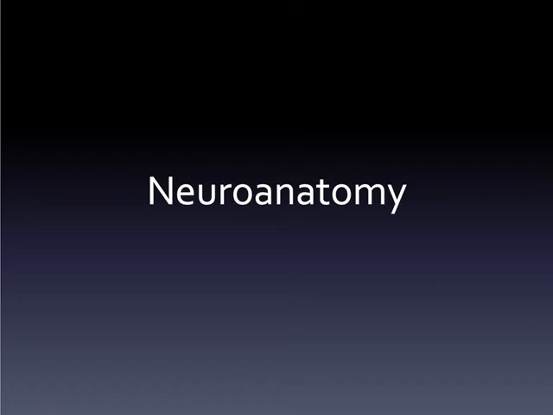Okay, so let's begin a series of 2 lectures we're going to have on the structure of the nervous system, or neuroanatomy. And this will give us a foundation for knowing the certain structures we're going to need as we examine sensory and motor systems, and then as we look to less defined systems like language and learning and memory later on.